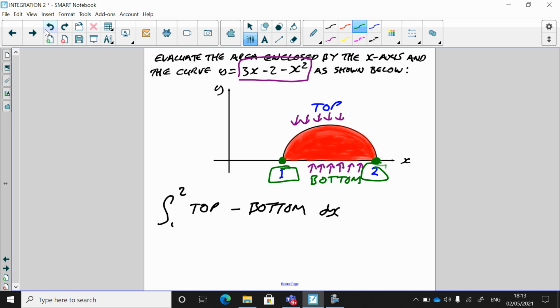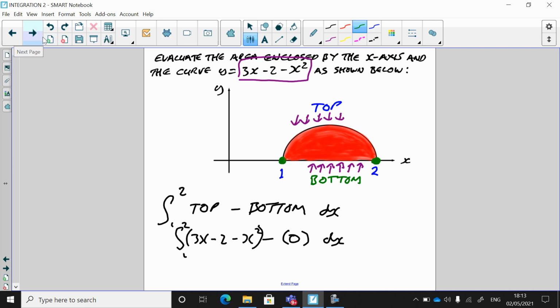So that's why those are the limits of integration. And again, it's going to be top minus bottom curve. So top curve, that's 3x take away 2 take away x squared. And like we said earlier, y equals 0 is definitely the bottom boundary there.